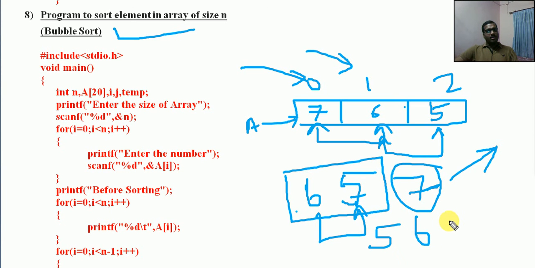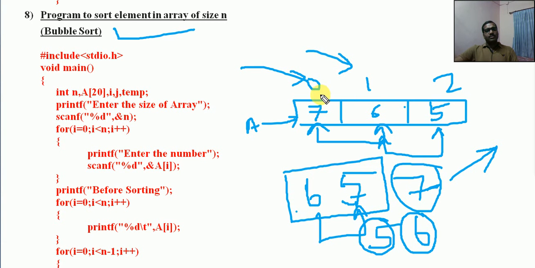Okay, now no more elements to be compared, so here we are getting the last element 6, that is already being sorted, the largest one from the remaining. Then we are having the 5. We don't need to go for further iteration.